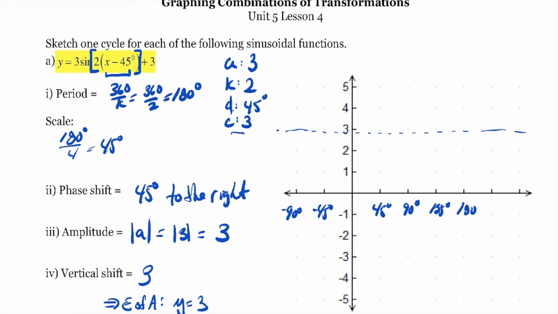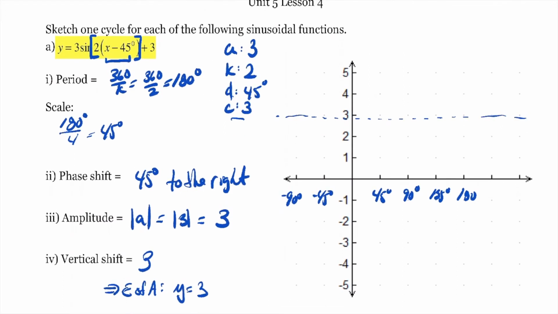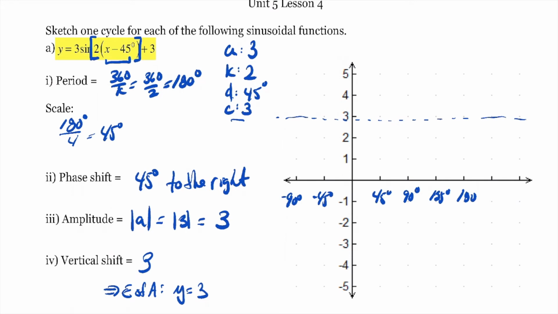So let me do this in red. We have a phase shift of 45 degrees to the right. So that's along right here. And since we're graphing sine, we know that sine starts at the equation of axes. So it's going to be starting right there. Then because it's just a normal sine, it's not reflected, the next point is going to go up.